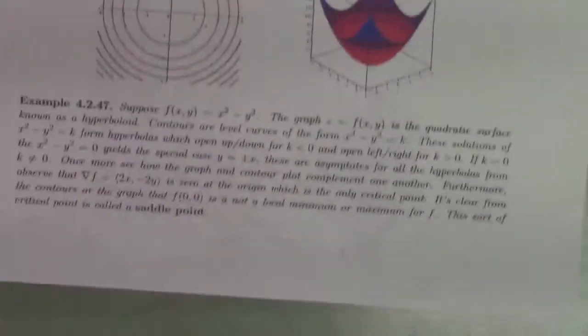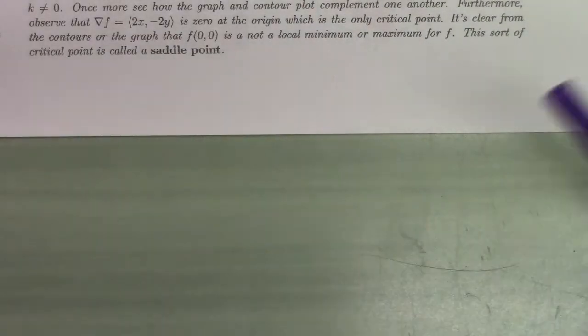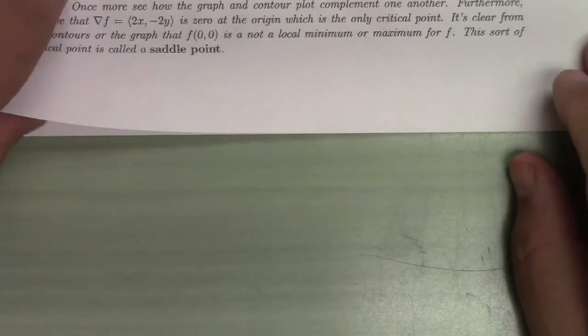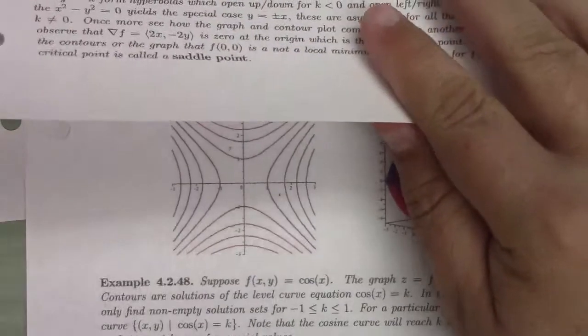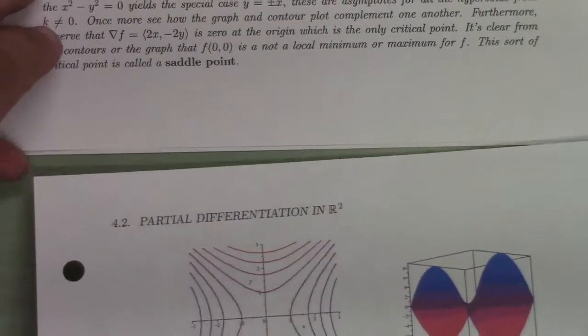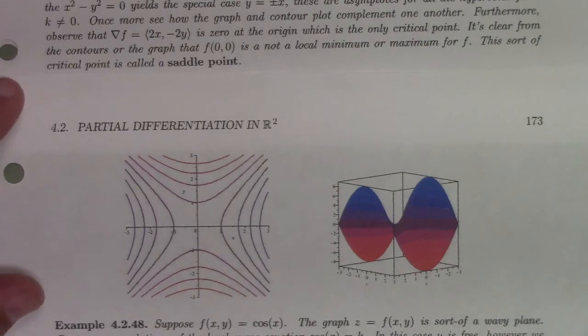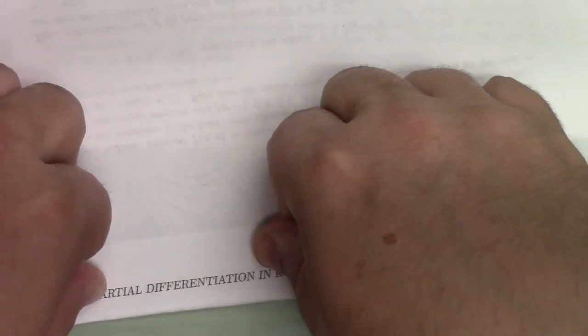Another example is the x squared minus y squared function, and this time the graph is what's called a hyperboloid. Here's a picture of it down here. If I can get that in the picture. Let me do a little old school editing.